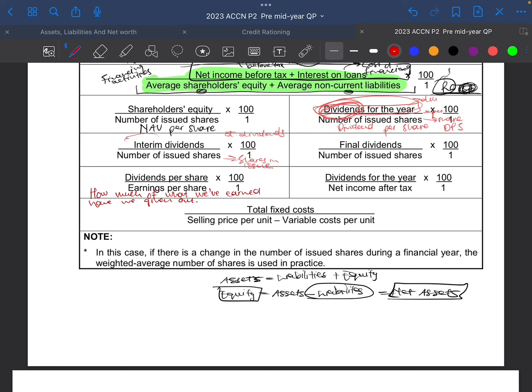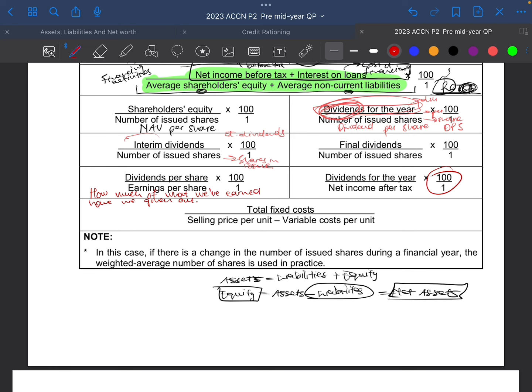Remember that every time we're calculating percentages, it is supposed to be what portion. Every time you are asked to calculate a percentage, you need to know what portion.